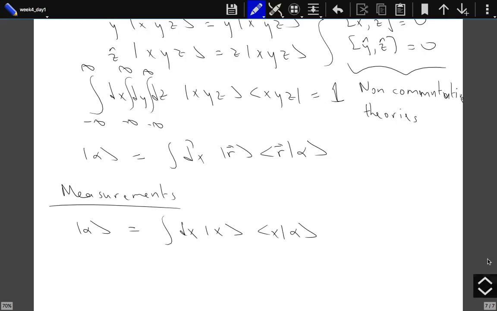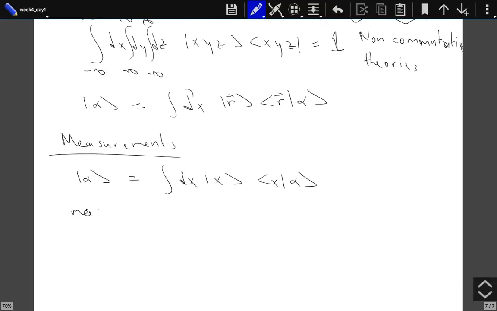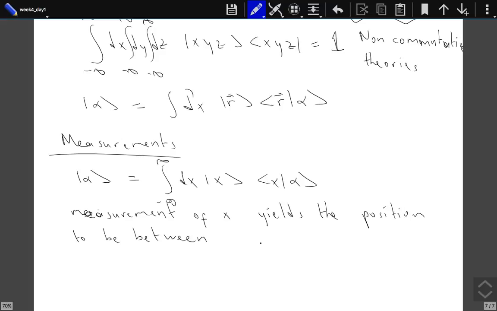Then you make a measurement of the x position, and you find that the position is between, let's say, x0 minus delta x over 2 and x0 plus delta x over 2.